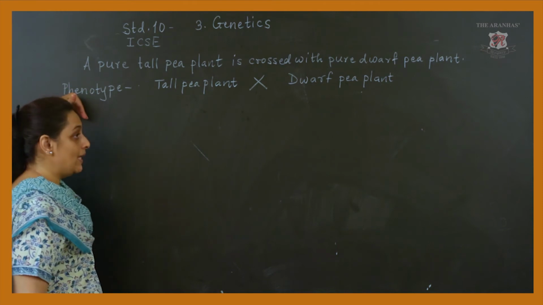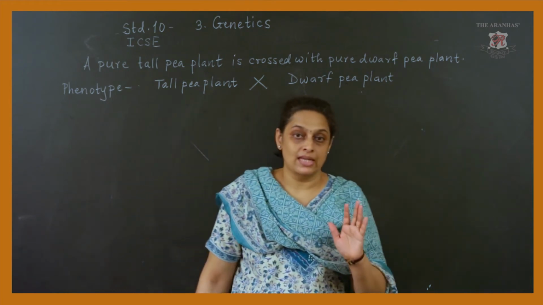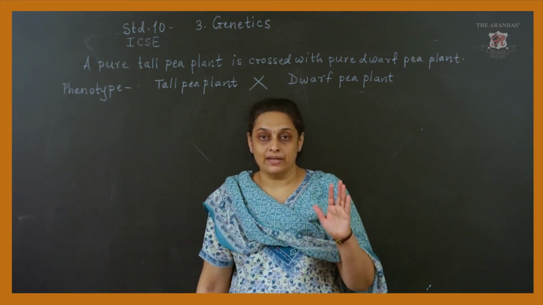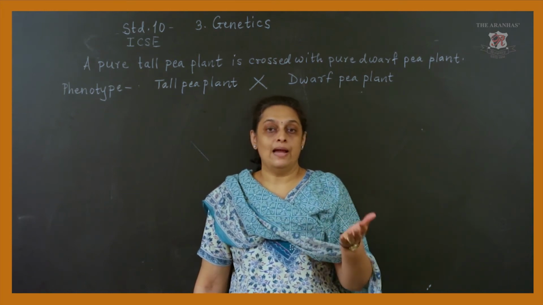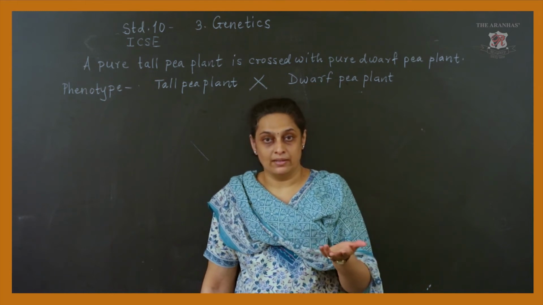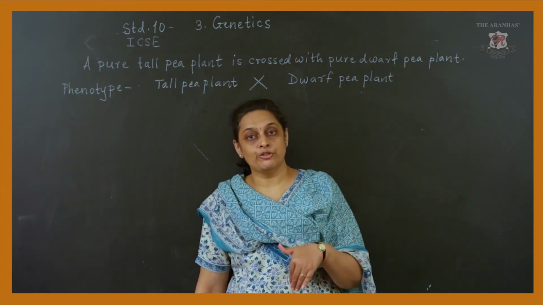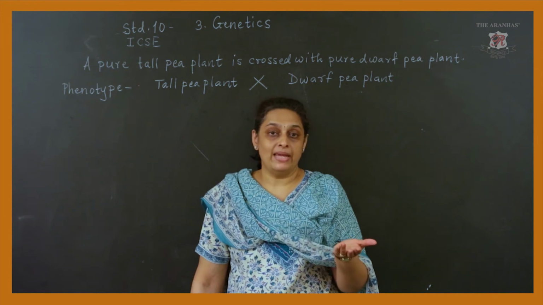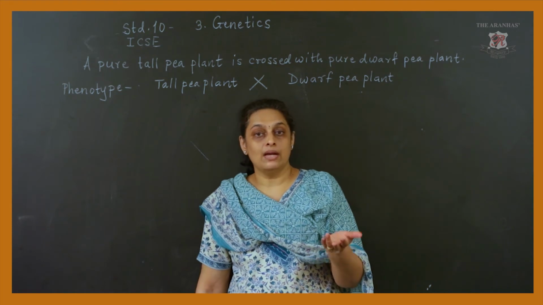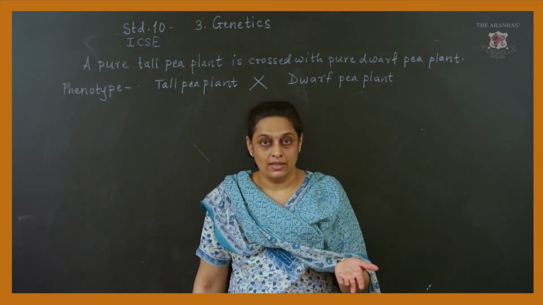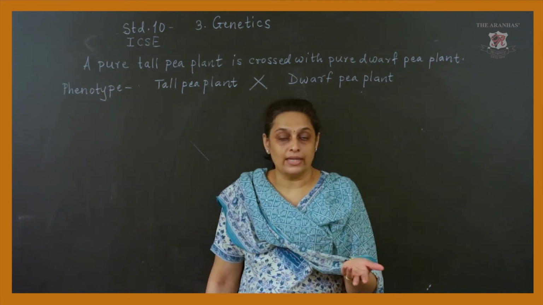And now what is the meaning of the word phenotype? Phenotype means external appearance of an individual. So if I am talking about a human being, a person can be tall, a person can be short, a person may have average height. So I am talking about his external appearance. A person may have curly hair, I am talking about his phenotype.